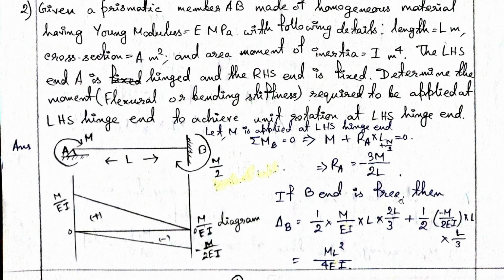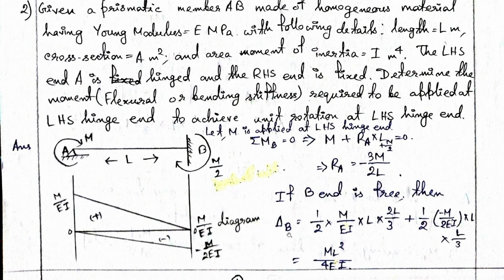If B end is free, then delta B equals to half into M by EI into L into 2L by 3. This is coming from the moment area method to calculate the slope and deflection. If you don't understand this, then please refer moment area method first and then you come and watch this video.